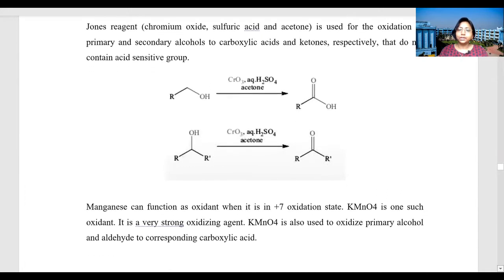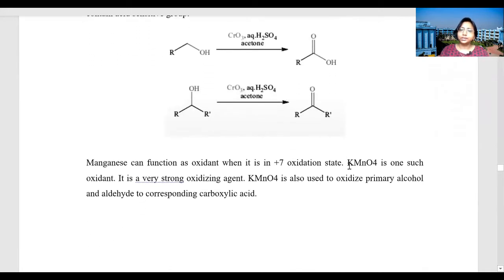So the +7 oxidation state occurs when it is present in KMnO4, and it is one of the oxidants. It is a very strong oxidizing reagent. You know very well about KMnO4. KMnO4 is also used to oxidize primary alcohol and aldehyde to the corresponding carboxylic acid.